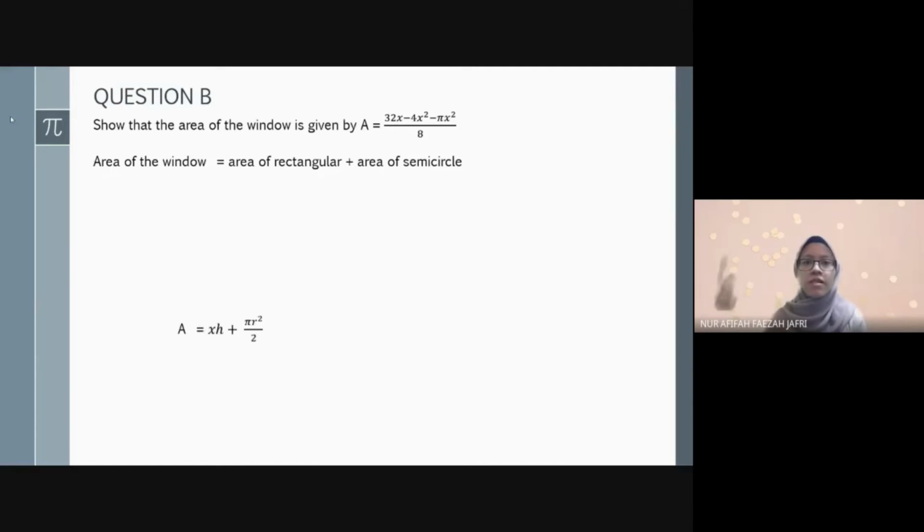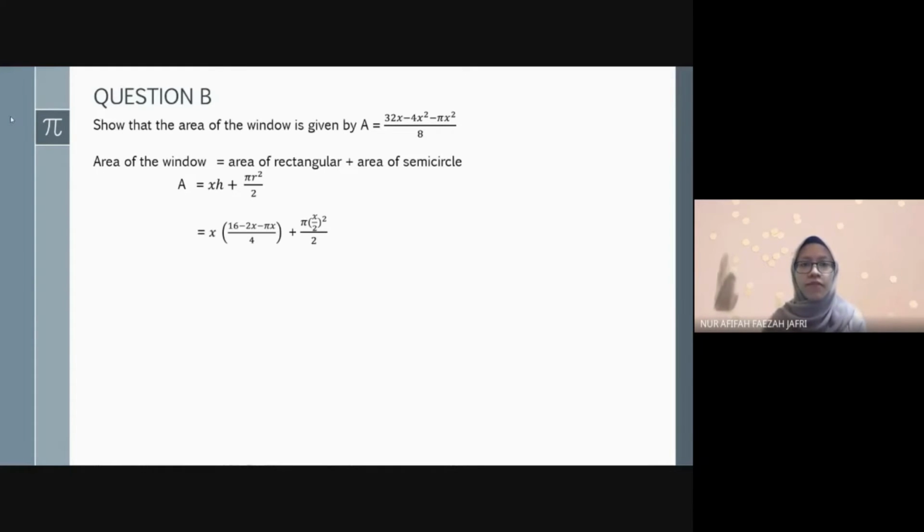So the formula of area of rectangular is x times h, and the area of semicircle is pi r squared over 2. So we can form an equation from that. As we know the value of h and the value of r in the previous question, we can just substitute it into this formula, so we will get like this.